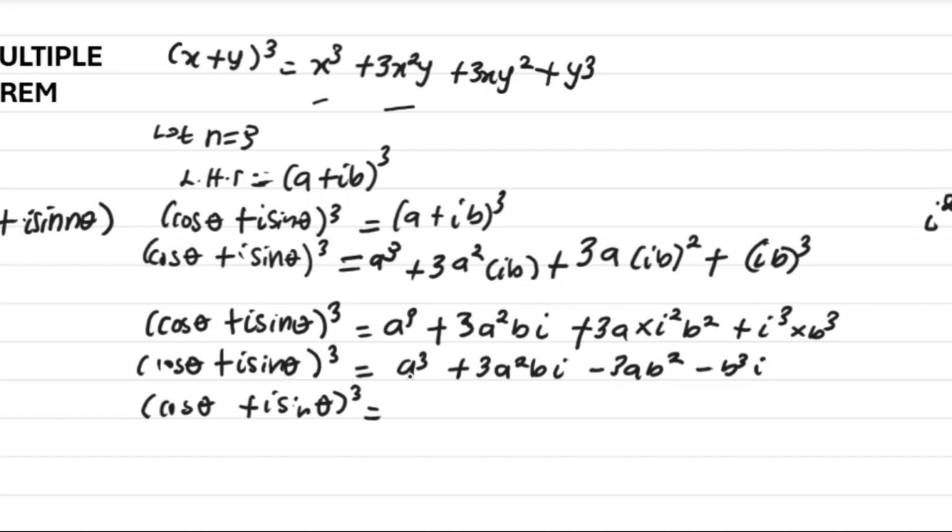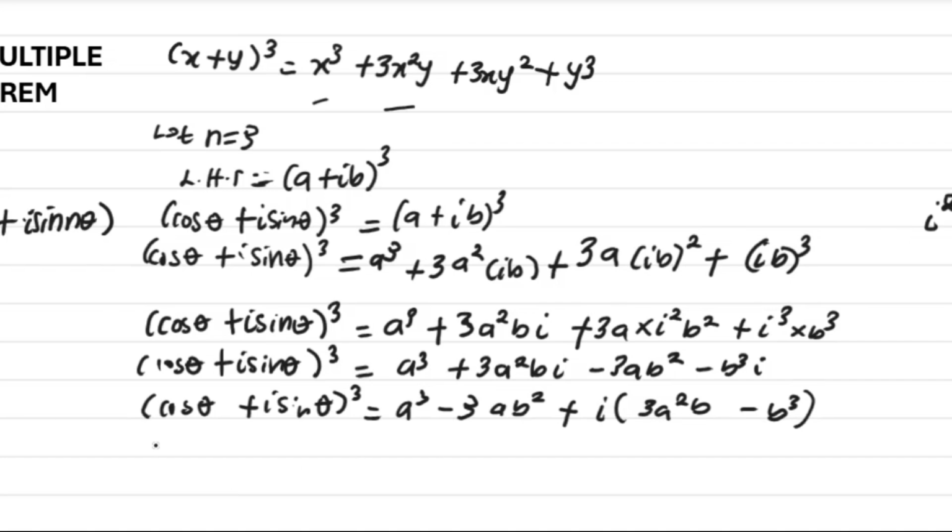So the real parts first: we have a raised to power 3 minus 3ab square. Now if we factorize i out, we'll be left with 3a square b minus b raised to power 3. So a raised to power 3 minus 3ab square plus i into 3a square b minus b raised to power 3.